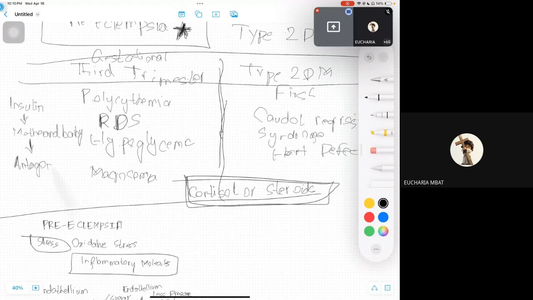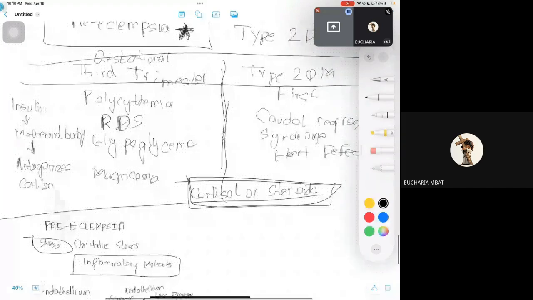It will cause the cortisol not to function properly. So if there is increased insulin in the baby, it will cause the cortisol not to work properly. And when the cortisol does not work properly, it will lead to respiratory distress syndrome. So that is why gestational diabetes is a very important risk factor for respiratory distress syndrome.